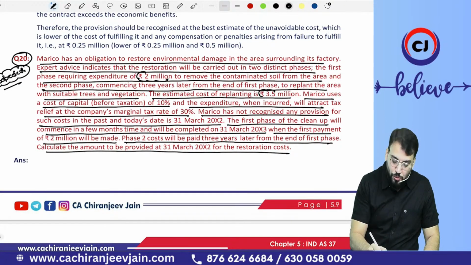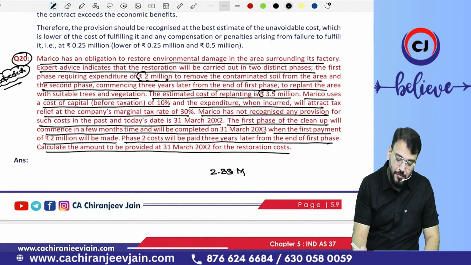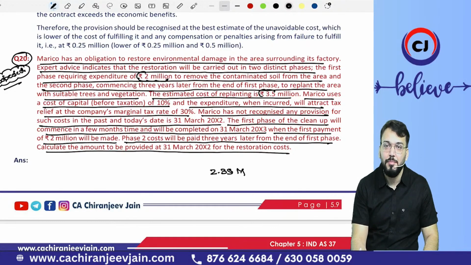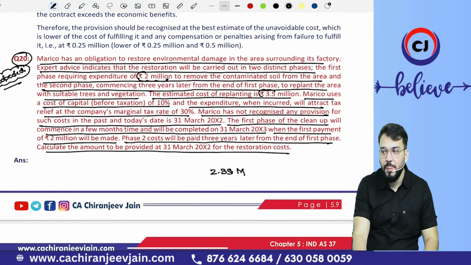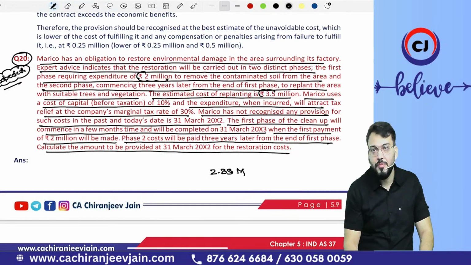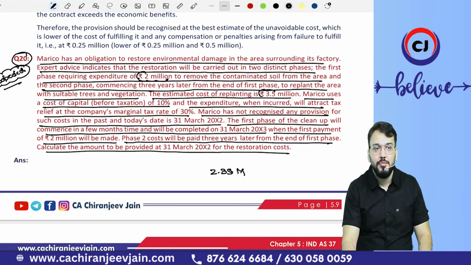Your answer, you got 2.39 million. One answer I got, 2.39 million. Any other answer? Everyone will calculate, no one will see the solution.